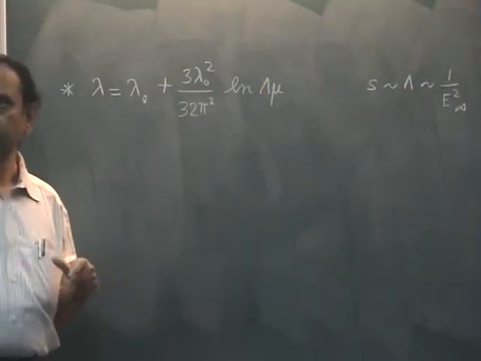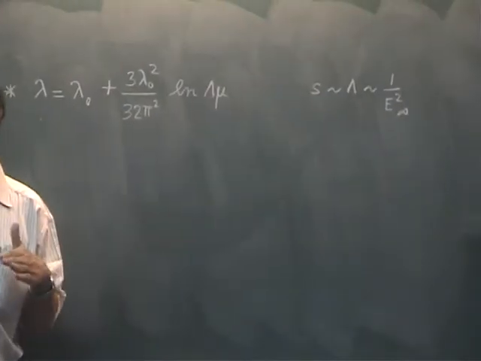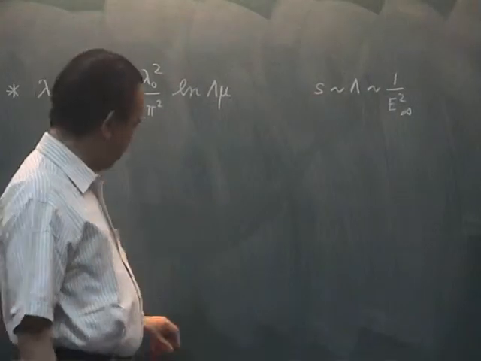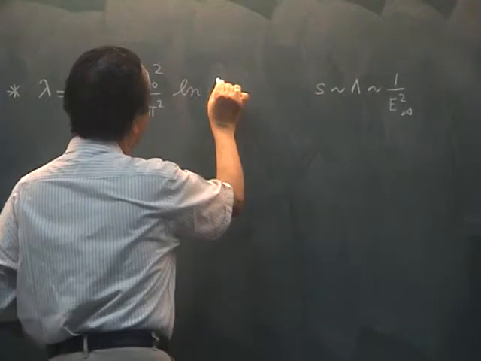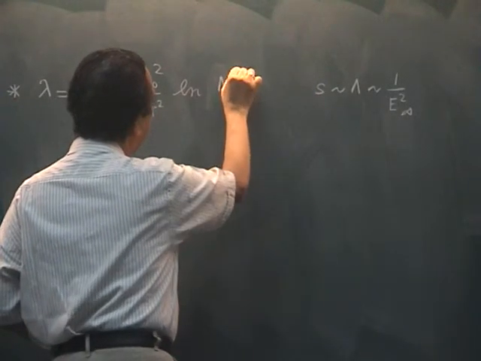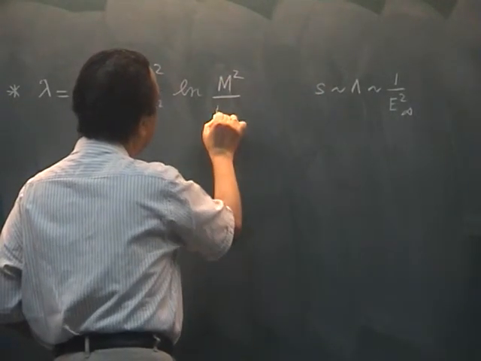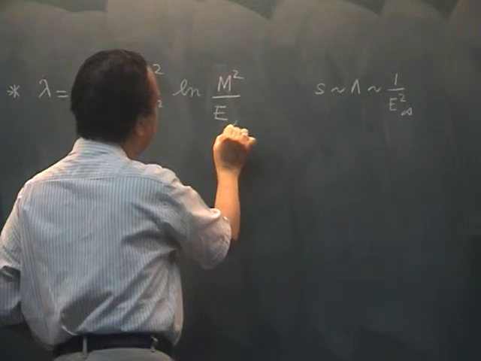S was like length square. So let me write it in terms of some energy scale square upon E infinity square.